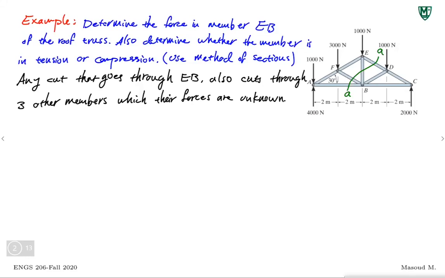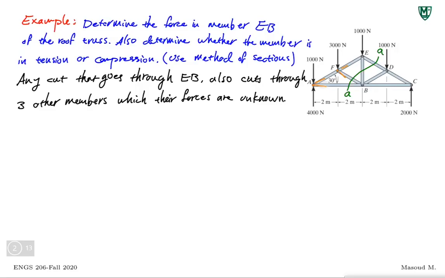So try and look into it using method of joints. From what I see, if you start from this joint, you have 2 knowns and 2 unknowns. But since the 2 knowns are both vertical, you still might not have enough information to find AB. Since you can still find FA, and then once you know FA, you can go to joint F and use that information to find FB and FE.